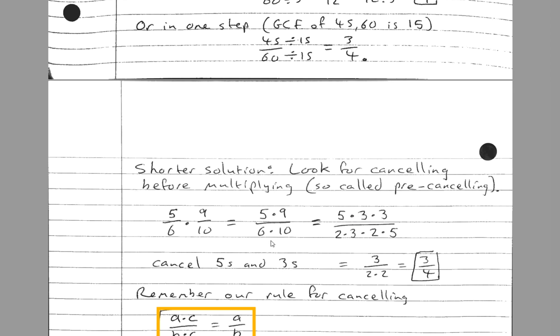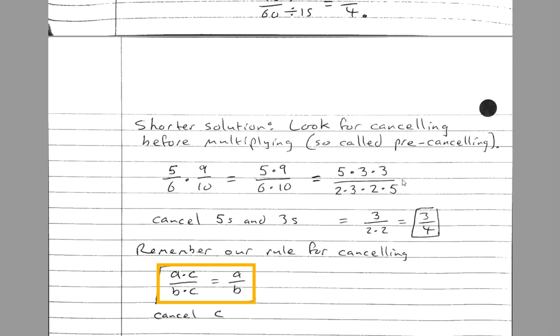On the top I see 9 is 3 times 3, and 6 contains a 3, so 6 is 2 times 3. 10 is 2 times 5, and this 5 matches this 5.